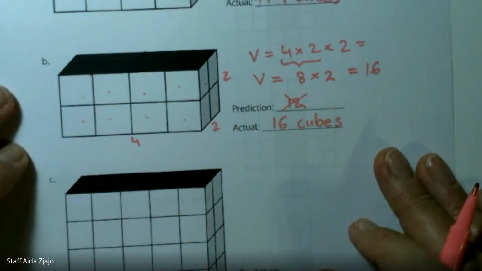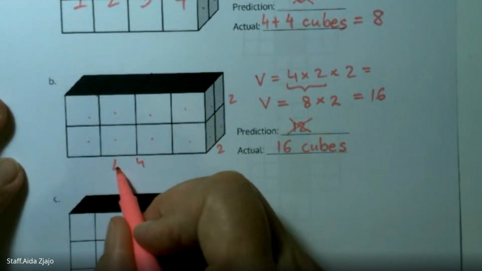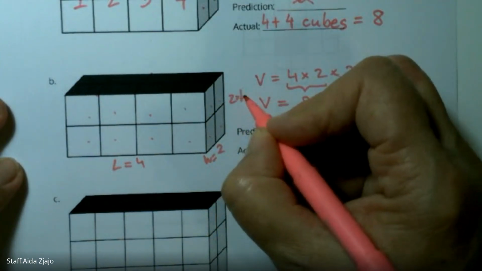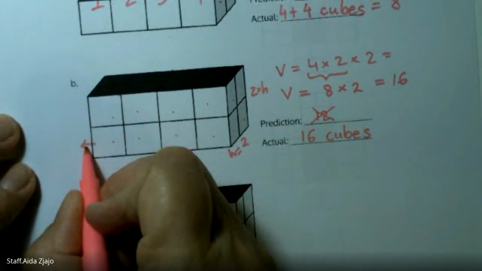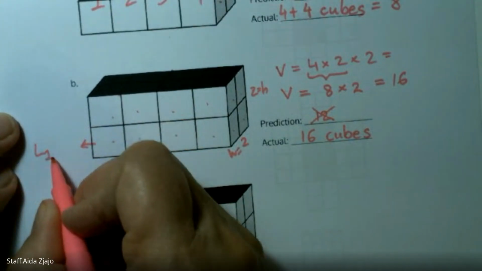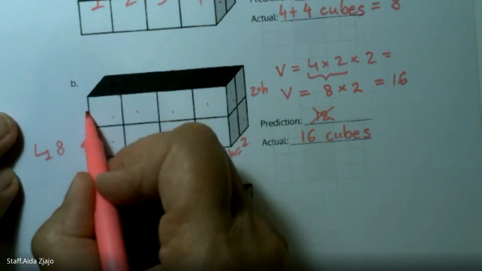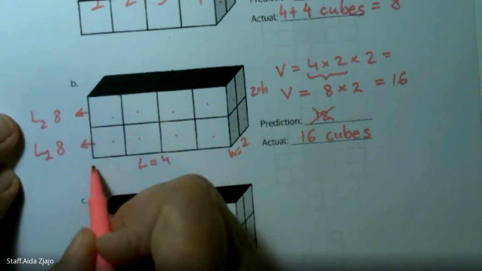You can find it by multiplying the length, the width, and the height, or you can do layer 1 equals 8 cubes, and layer 2 equals 8 cubes.